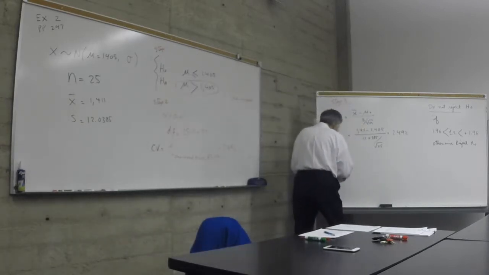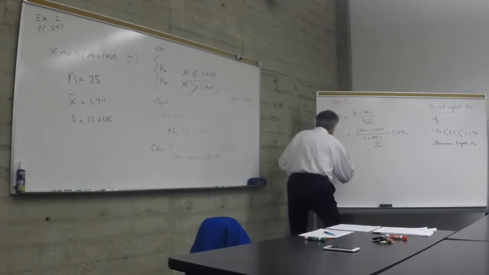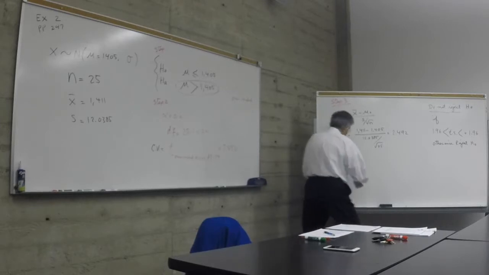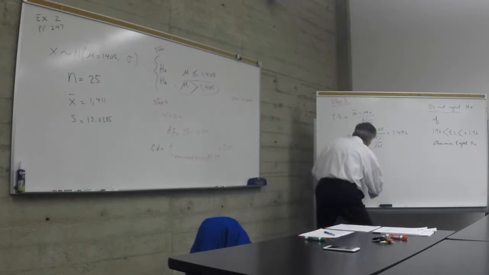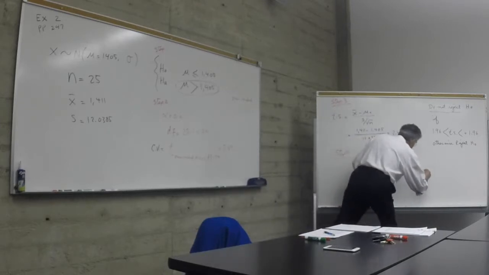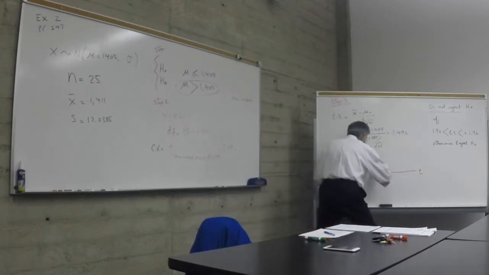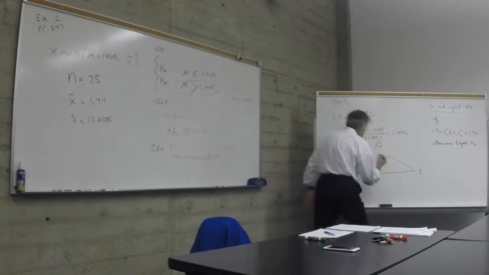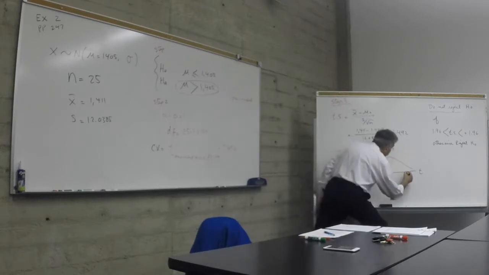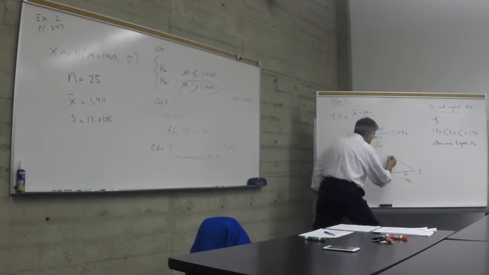So step 4. Draw the T distribution, which is like the normal distribution. This is an upper tail test, and there's only one critical value at 2.492.